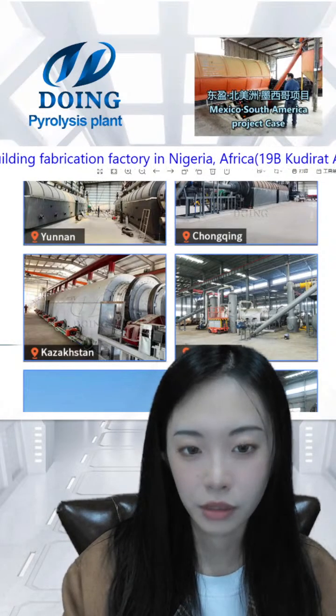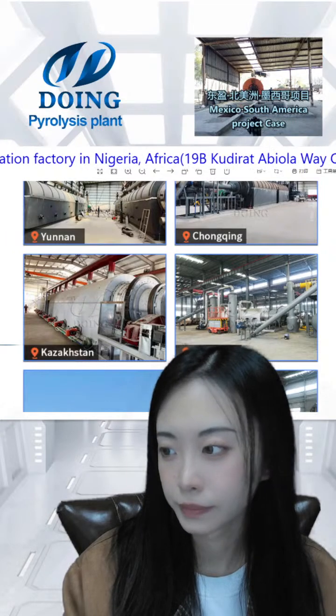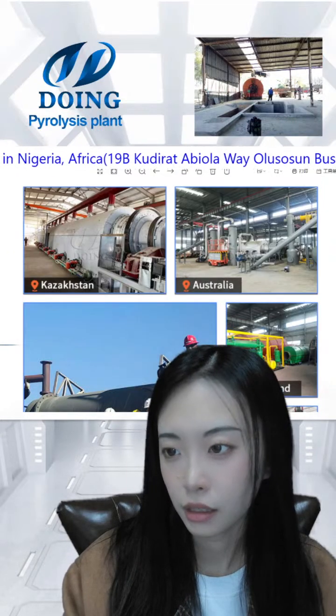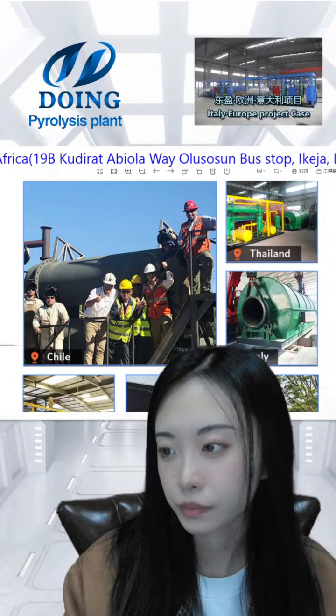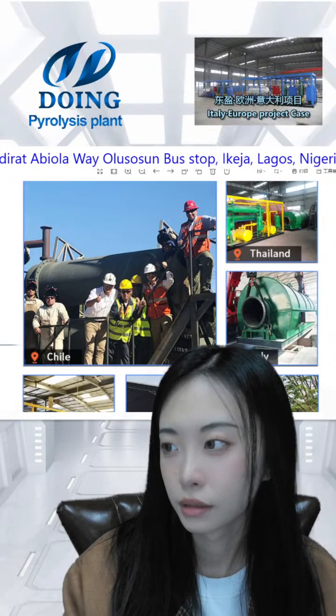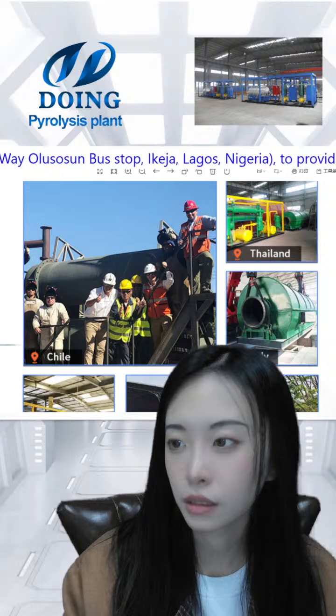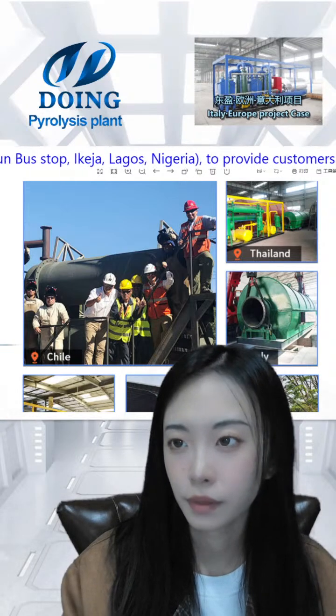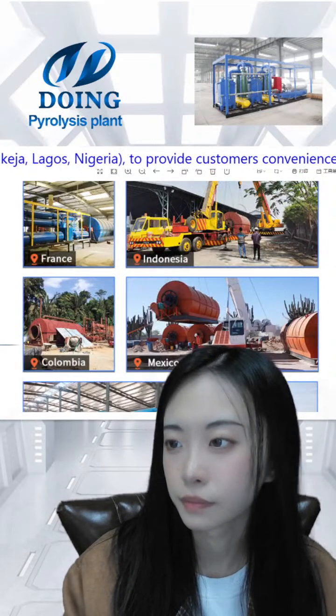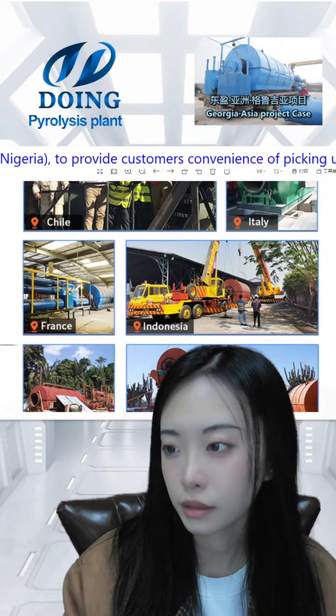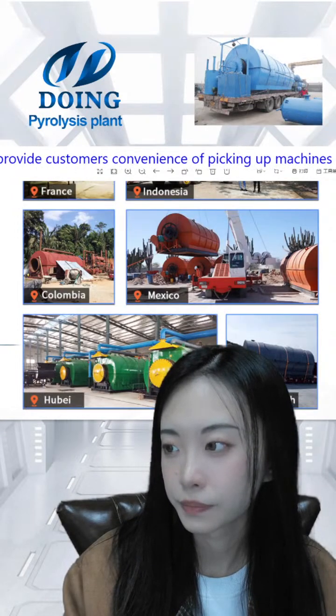And this is a fully continuous equipment in Kazakhstan, Australia, Chile. This is the condensation system in Thailand, Italy, France, Indonesia.